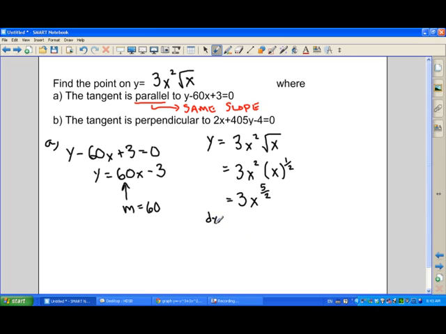I can find dy by dx, and that's equal to 3 times 5/2 times x to the exponent of 5/2 minus 1, or the exponent of 3/2.